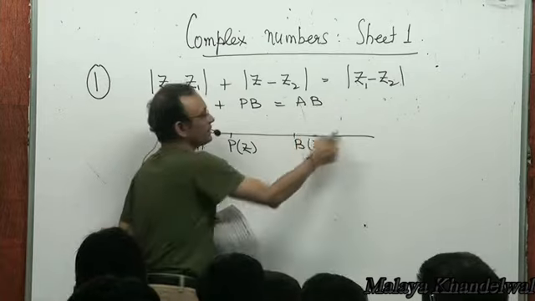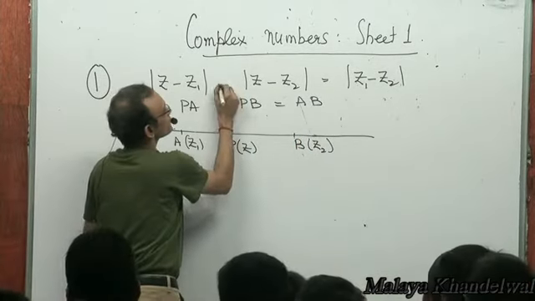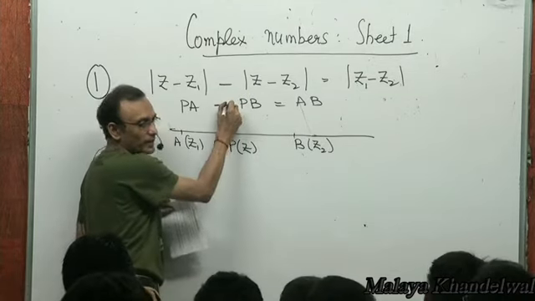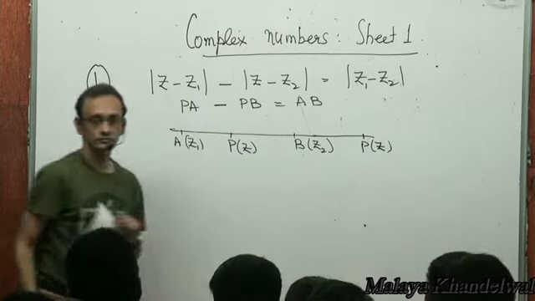P can be anywhere on the line joining A and B. I also told you that if this is this minus this, then this is like PA minus PB equal to AB. That means P can be anywhere to the right of B.